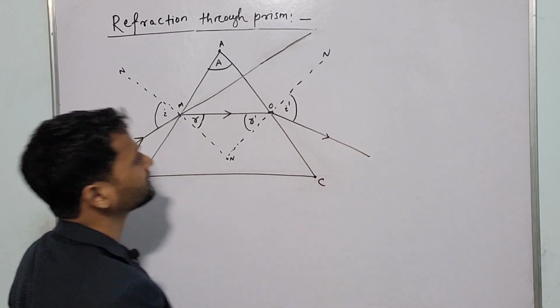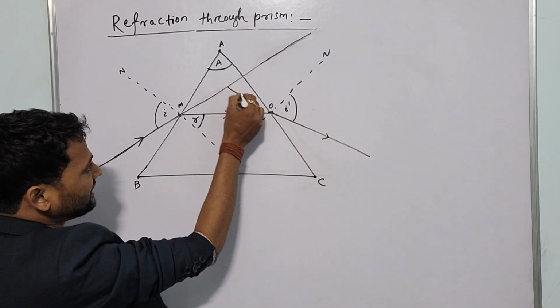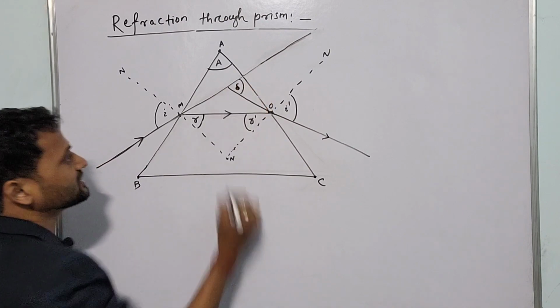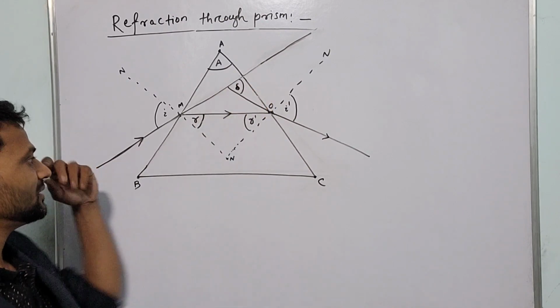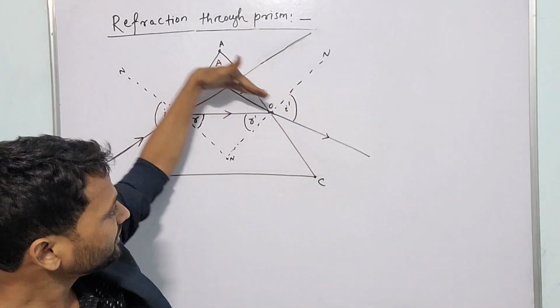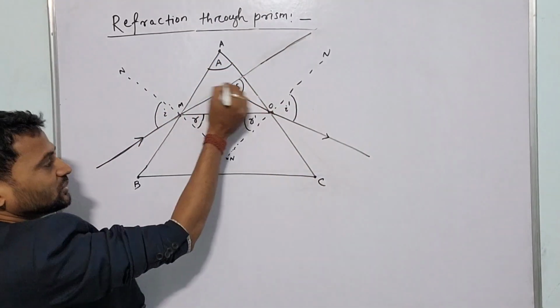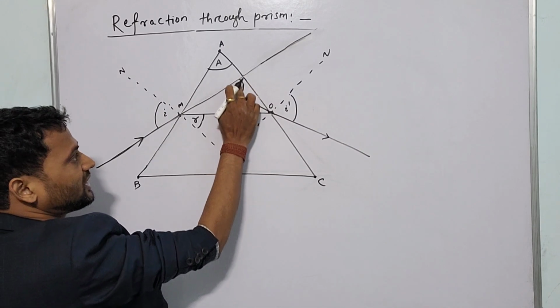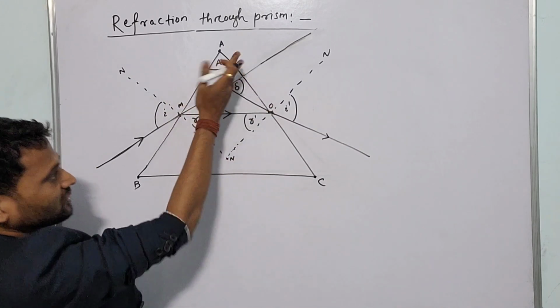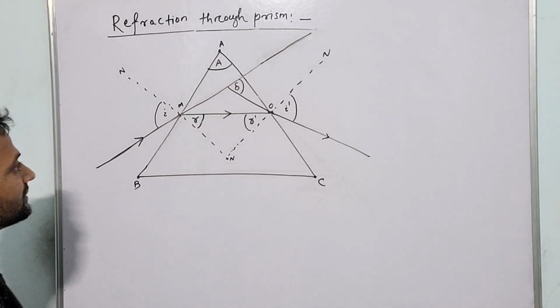It is called emergent ray. So this angle is called angle of deviation. ये जो angle है, you can say it is angle of deviation. तो ये incident ray, ये final emergent ray और final refracted ray. The angle between these two is delta, which is called angle of deviation. delta मतलब कितना deviate हो रहा है, ठीक है?